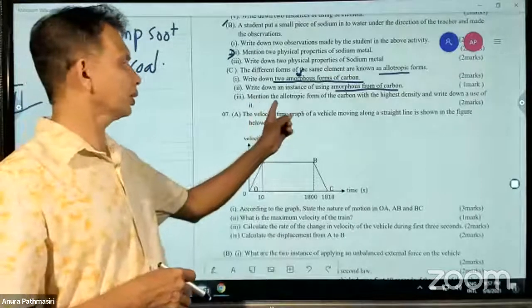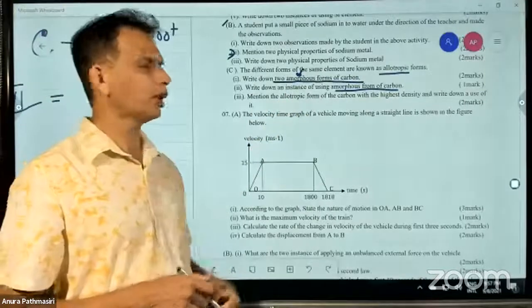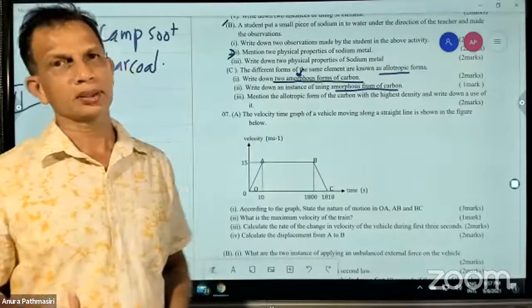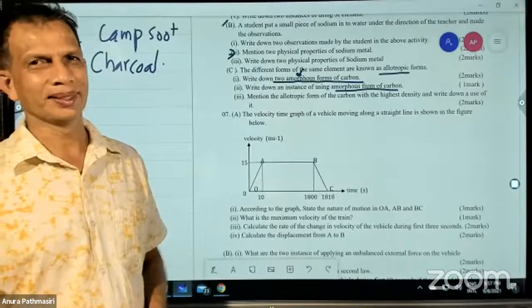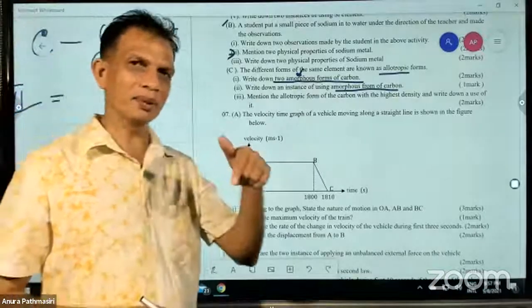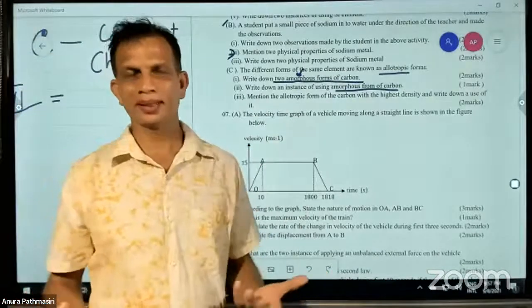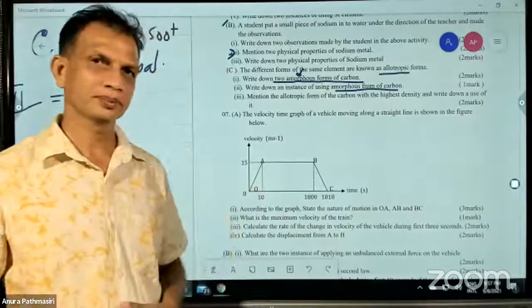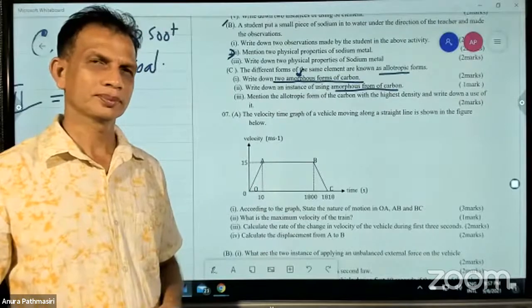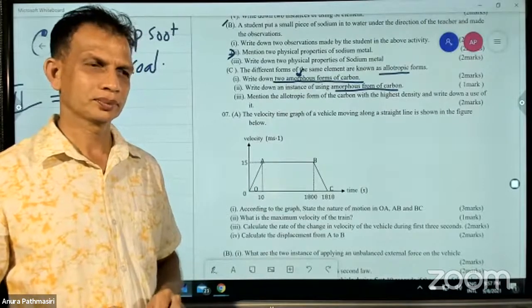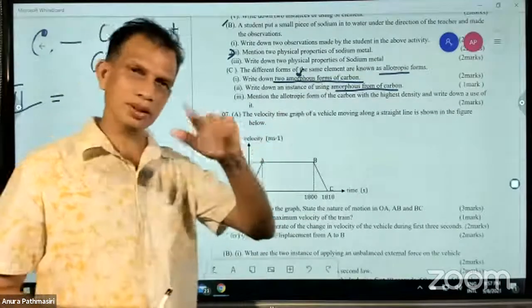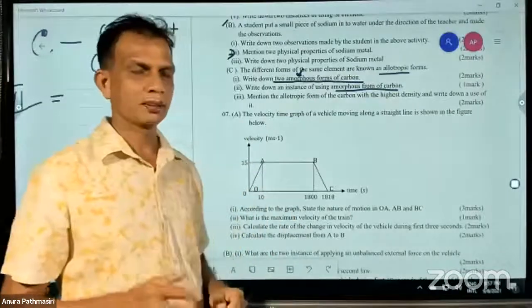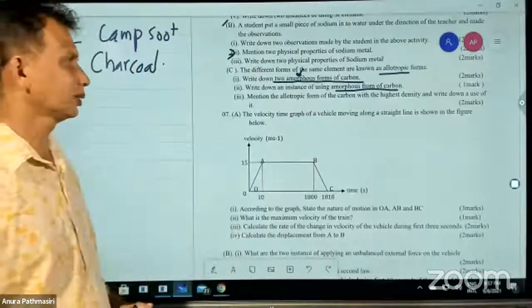The idea is something, but the language is something else, right? So what is your answer? Is it crystalline form or diamond? According to the question, it is a crystalline form, but the answer is diamond.